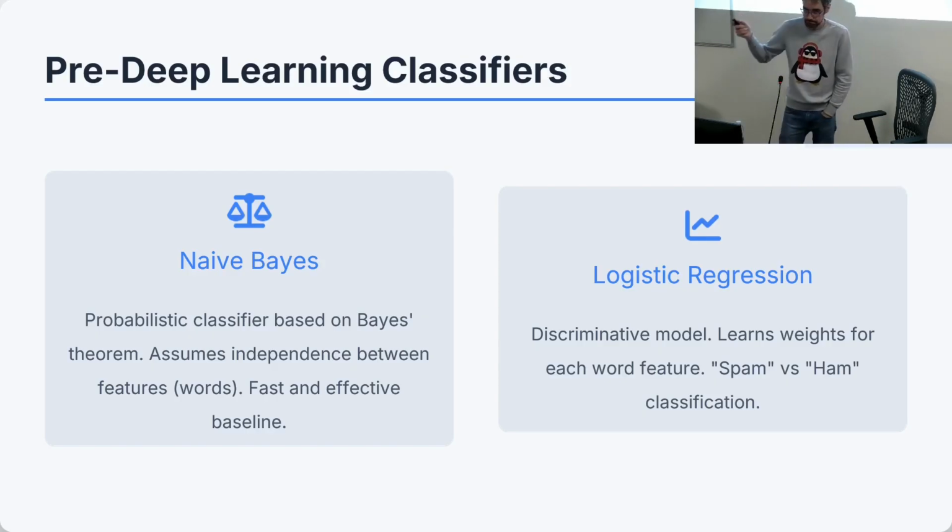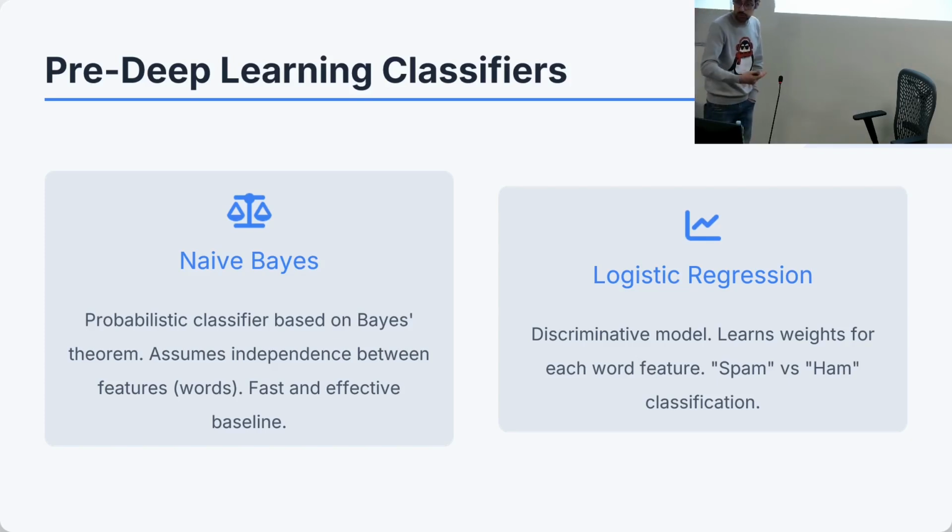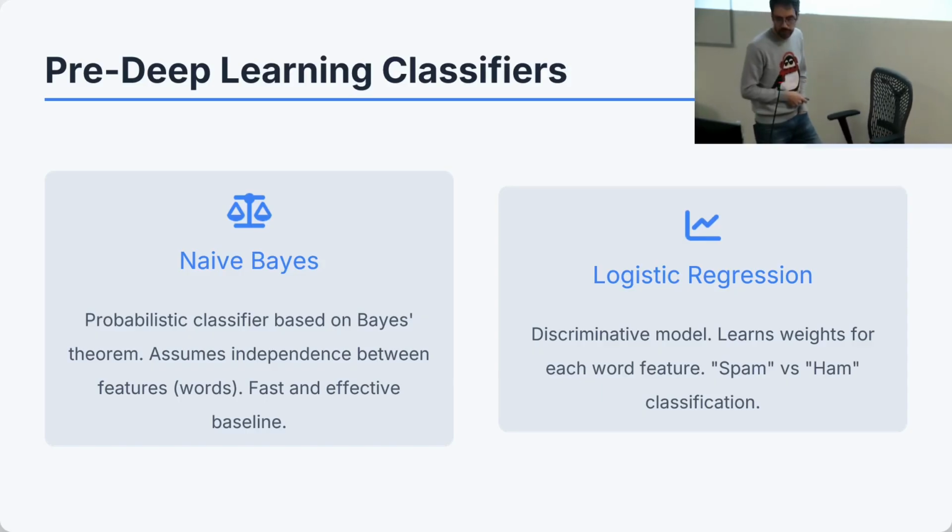That's a big issue. We know that words in a sentence are not independent from each other. On the contrary, they give context to each other. But it is fast, effective, and basically before deep learning, it was everything we had. Another approach could be logistic regression. This, for instance, is used even in spam filters. It was used.